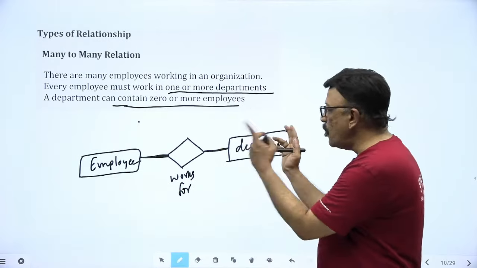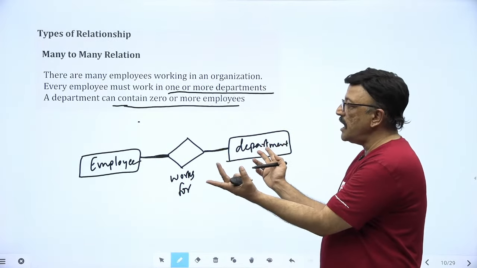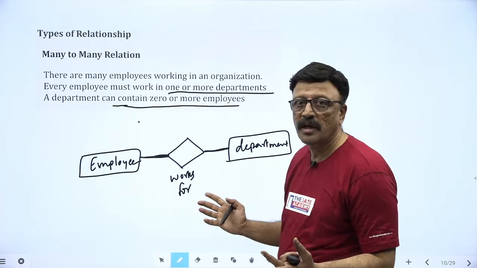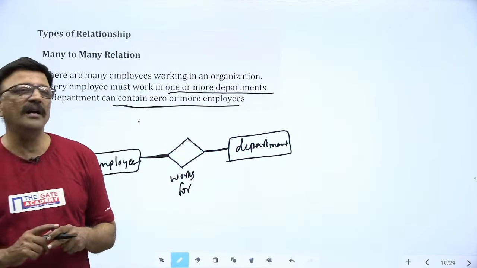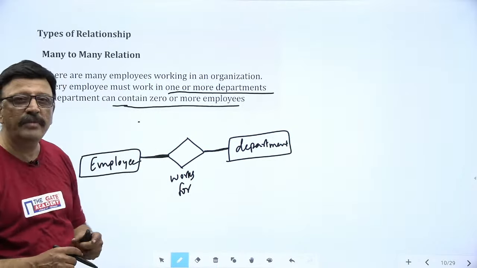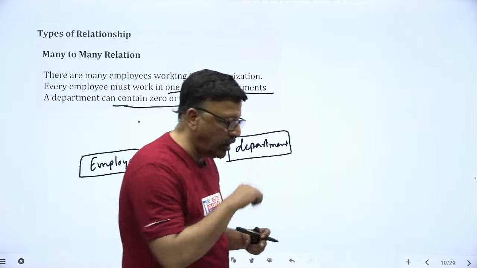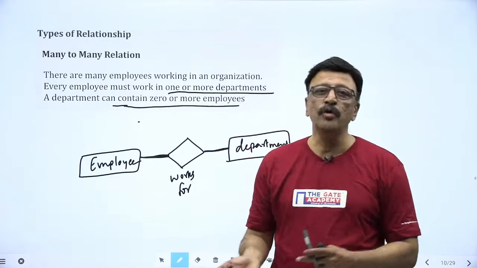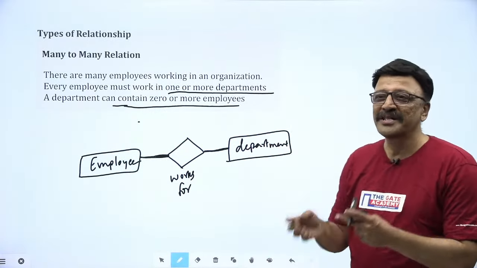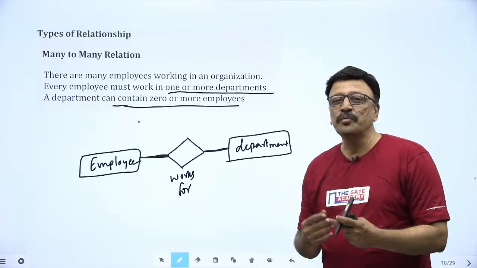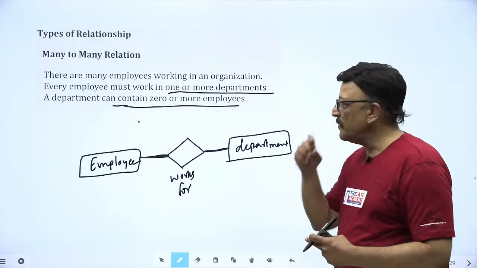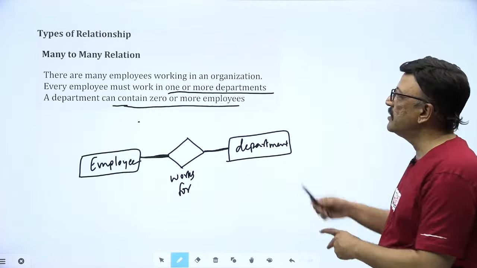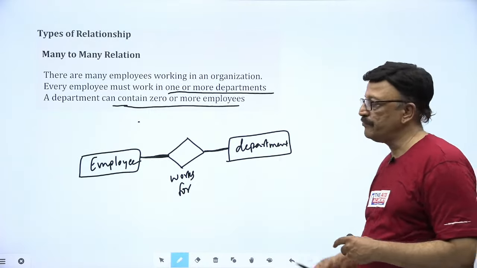So both sides of the relation here are many, and this is a many to many relation. Obviously, a many to many relation can be understood from the requirement itself, isn't it? Of course, one to many can also be understood because it is written over there that a student can borrow exactly one book, something like that. So, by the way, this was many to many relation.